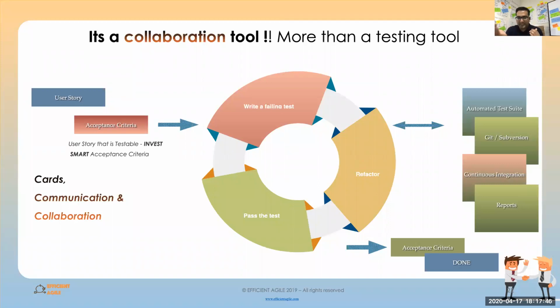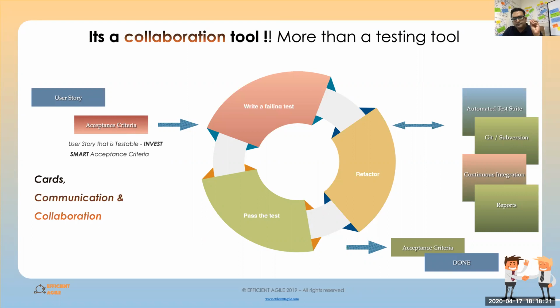So I'm going to go through that in the next few slides. You write a test that's failing, you refactor, and it passes. And all this gets into your automated test suite system, where you have a continuous flow of tests running and your story is complete and done. All this has to happen with complete collaboration from the non-technical teams to the technical teams, with the developers and testers working hand in hand. So this is the whole flow of a BDD technique.